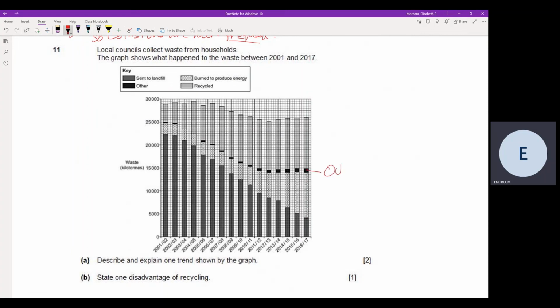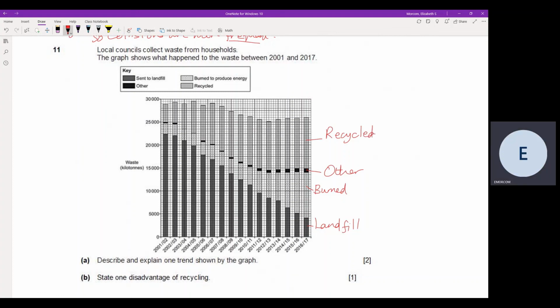So this is other. Our slightly paler grey is landfill. Our dotted one is burned for energy. And our pale grey is recycled.